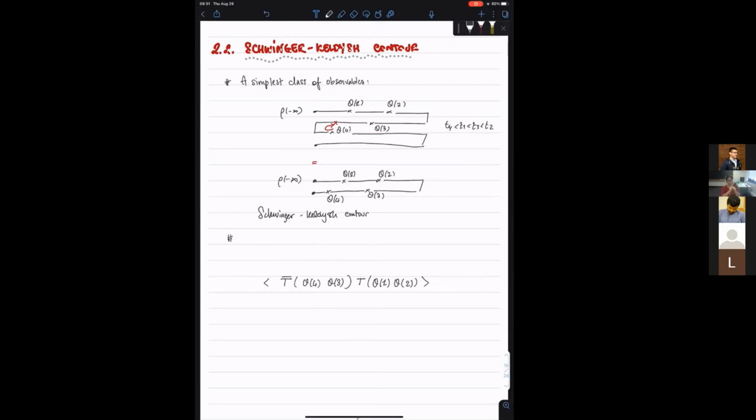This is because when we have an evolution and operators given in one single evolution, the correlation function that you get from that contour is usually the Feynman correlator. So it will be the time-ordered correlator, will be this part.